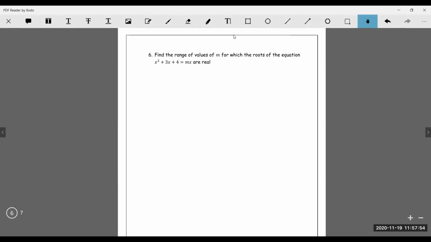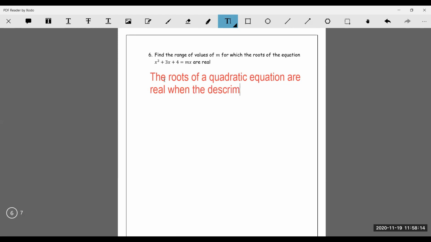So let's write that down. The roots of a quadratic equation are real when the discriminant is positive or equal to 0.